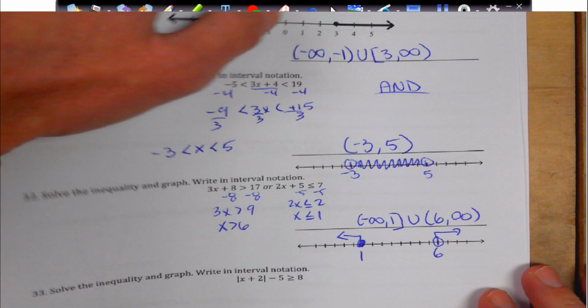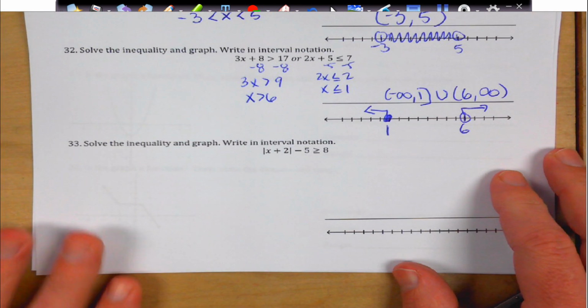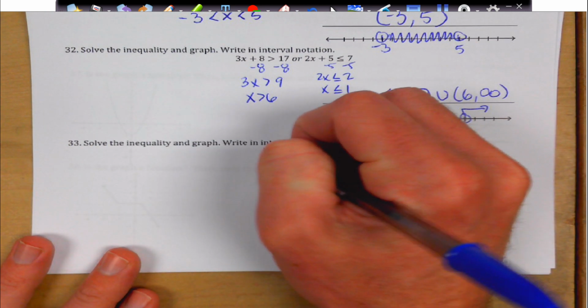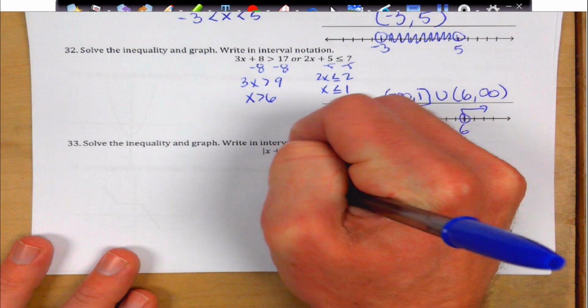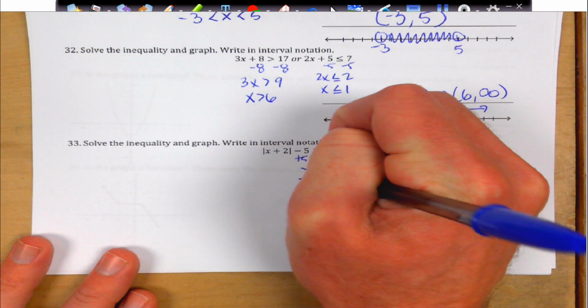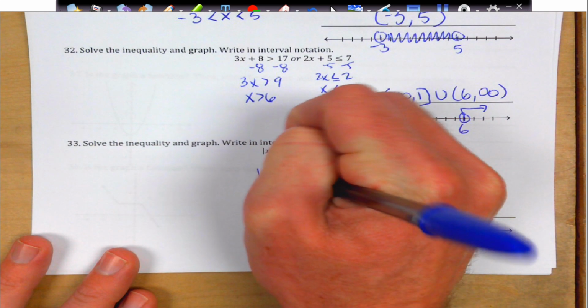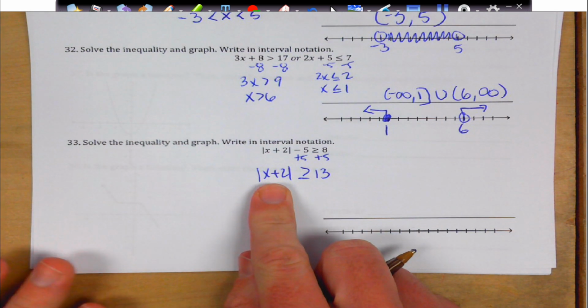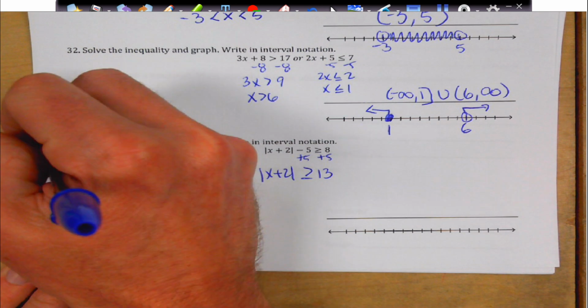Okay. Now we get into absolute value inequalities, which are a hoot. We add 5, so we get greater than or equal to 13. And we ask ourselves, can a positive value be bigger than 13? That's true. So we're going to go to our 2 cases.